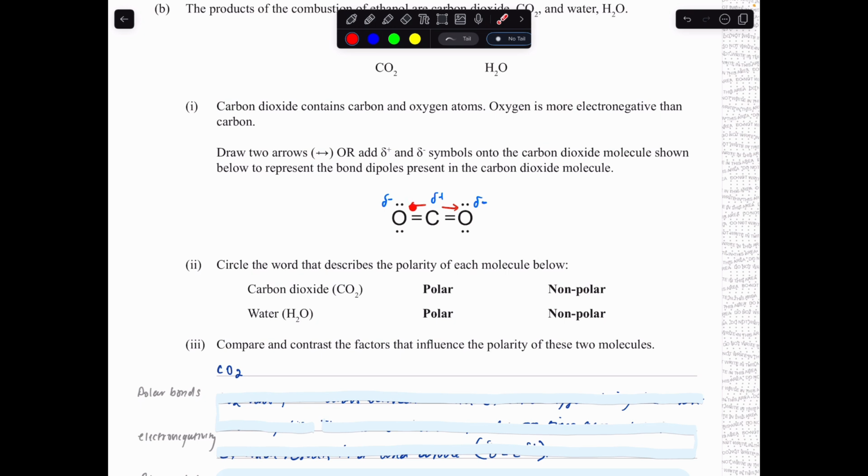Because of the symmetry and the other factors that I've mentioned, the dipoles are going to cancel out, and that results in carbon dioxide being, drum roll please, non-polar.